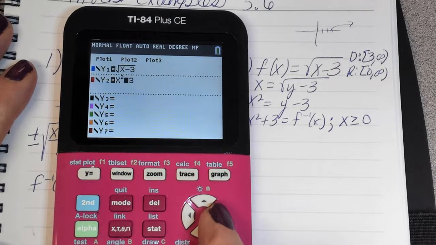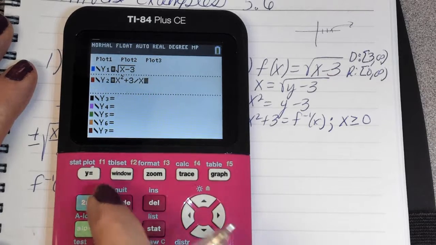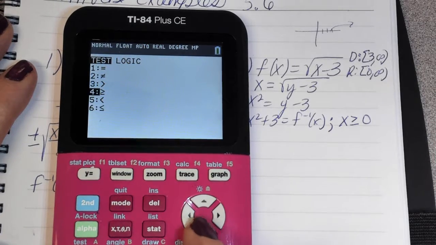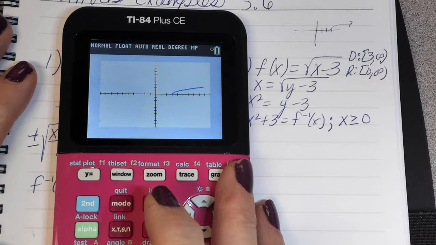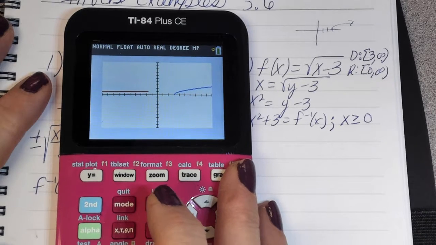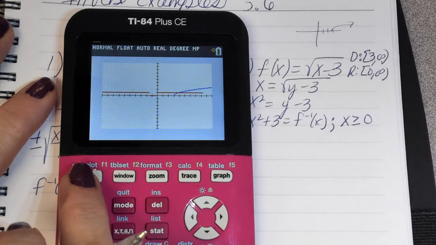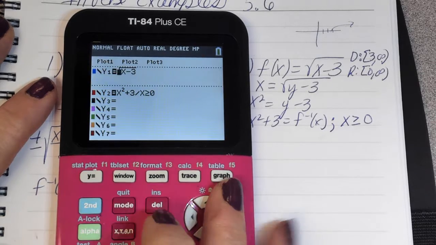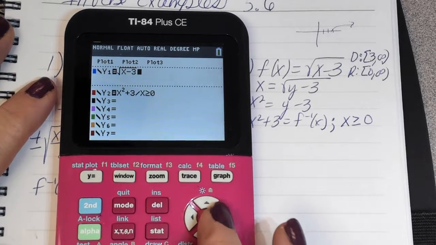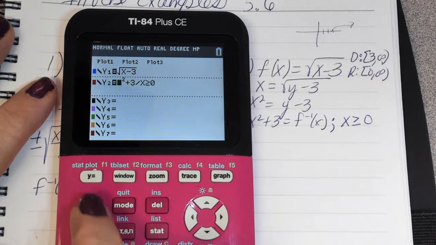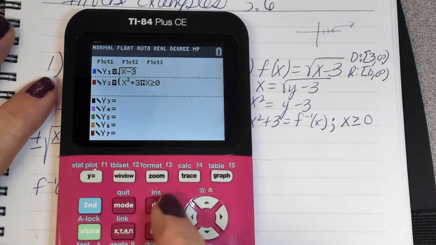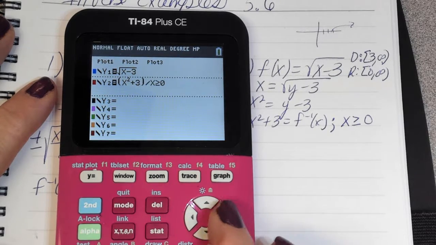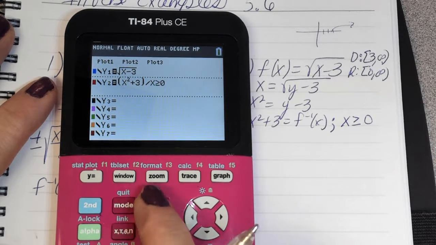Down here is where I want it. So divide it up. Only graph this when x is. And now look. Here's my original. Okay, let me try that again. This is being picky. I know what it wants now. It wants this all in parentheses. The other version of the calculator didn't care if it was in parentheses, but this one does.